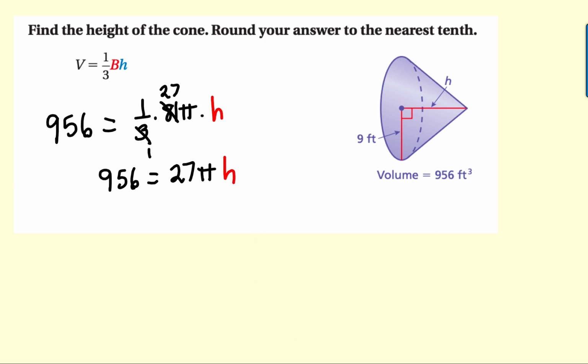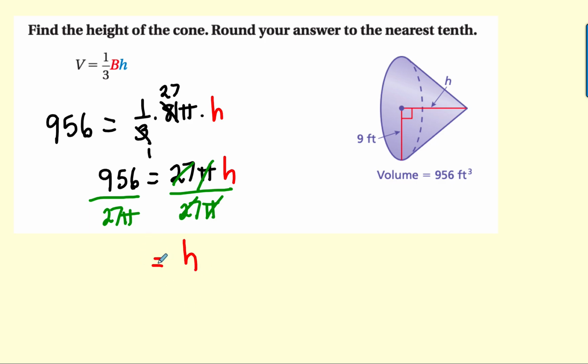Now to get h by itself, I'm going to divide both sides by 27 pi, and you're going to have to be very careful when you put this in your calculator and make sure your calculator knows that the pi is in the denominator. So make sure you practice doing this.